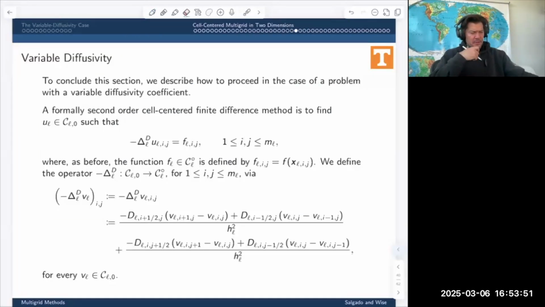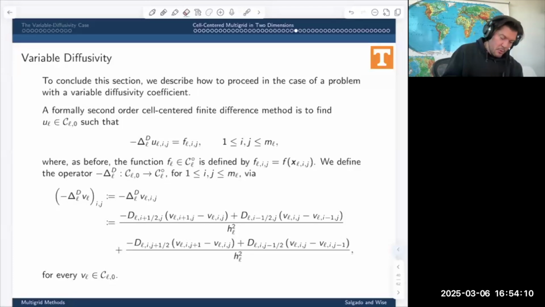The next topic that we want to discuss is what happens whenever our diffusivity is non-constant. So this is the case of variable diffusivity that we talked about in the one-dimensional setting already.